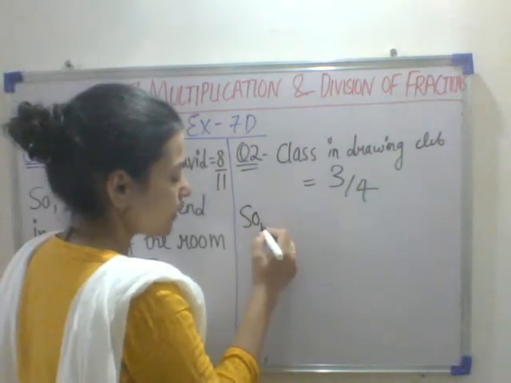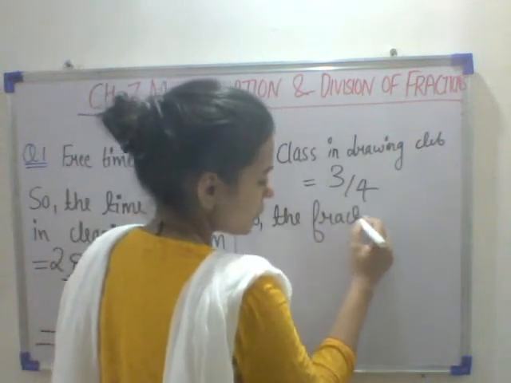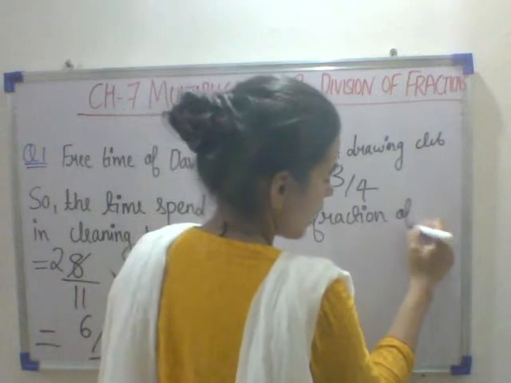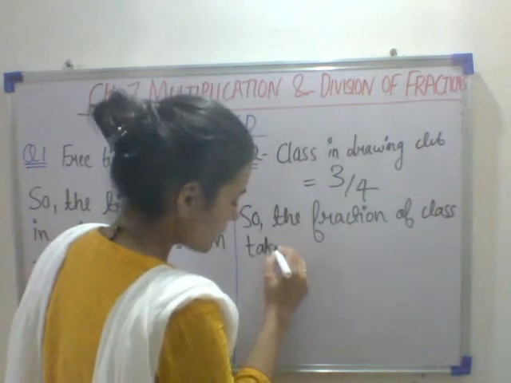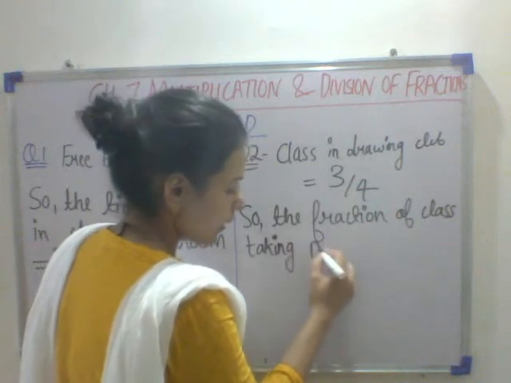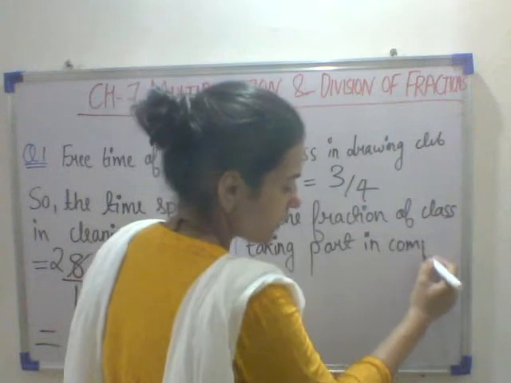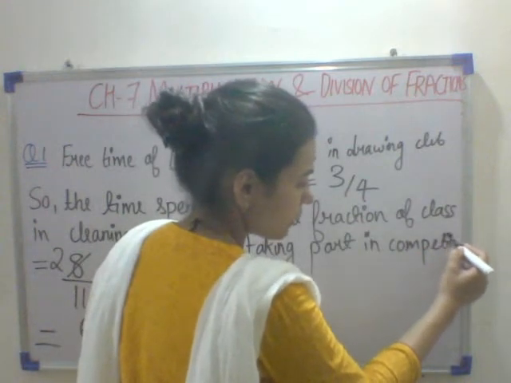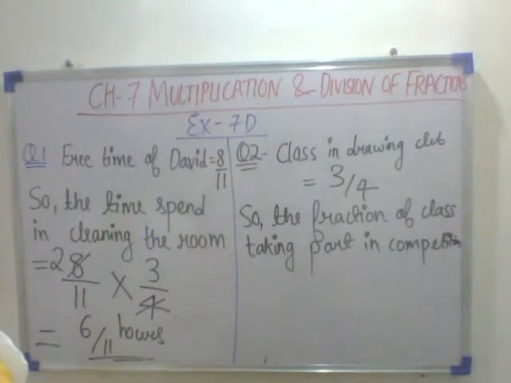What we have to find? So the fraction of class taking part in competition. This we have to find, which fraction of the class is taking part in the drawing competition.